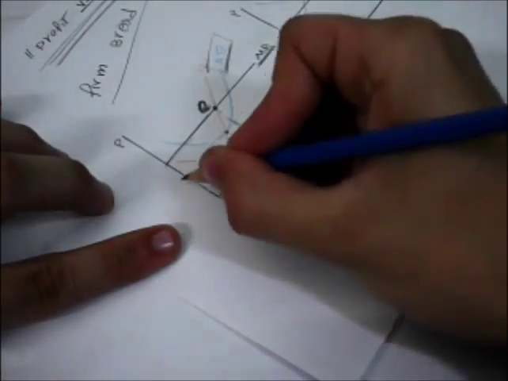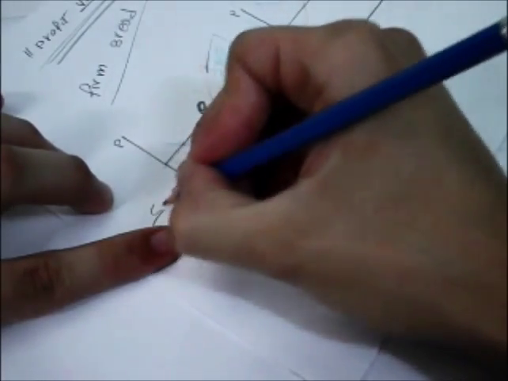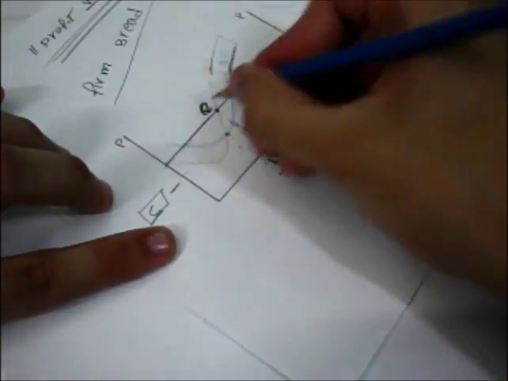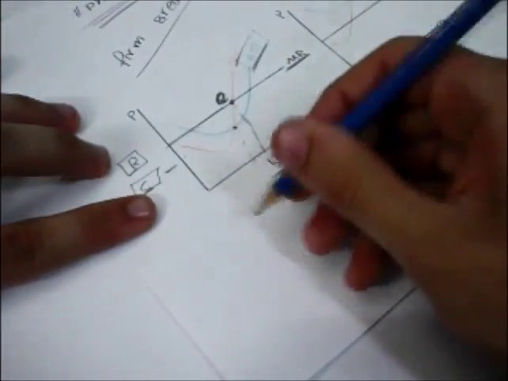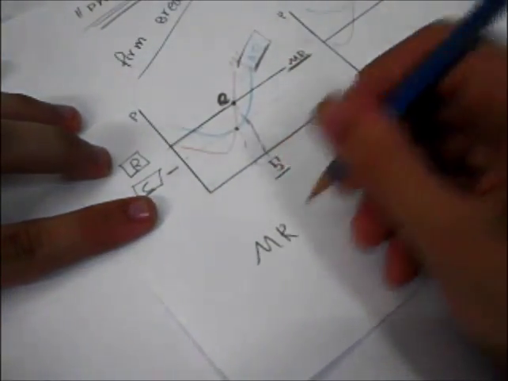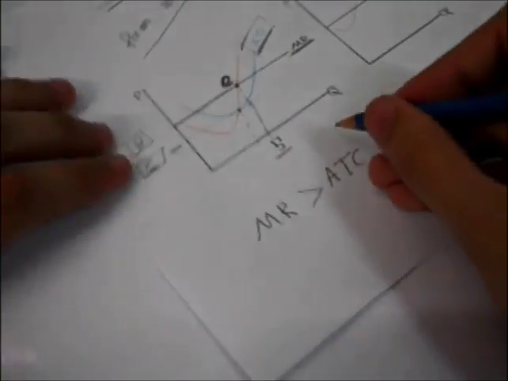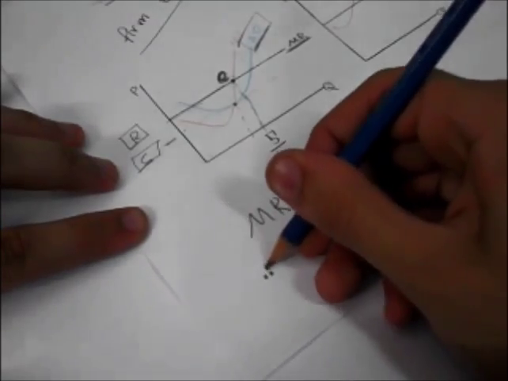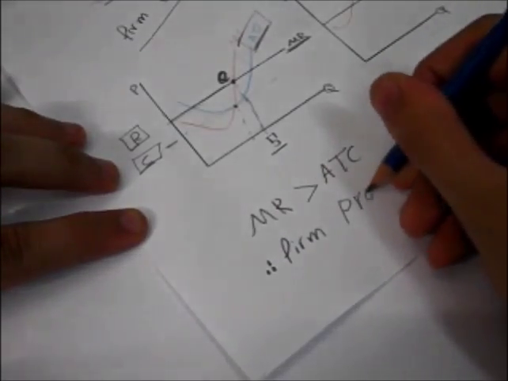So the level of cost is here, and the level of revenues is here. The marginal revenues are higher than the average total cost, which means that the firm is making profit.